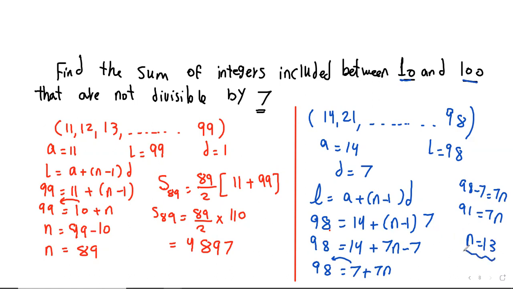So we need to find the sum of these 13 terms. So we'll find S13 equals N over 2 multiplied by (A plus L). A is 14 plus L is 98. So S13 equals 728. Now we have the sum of all integers from 10 to 100, 11, 12, to 99.